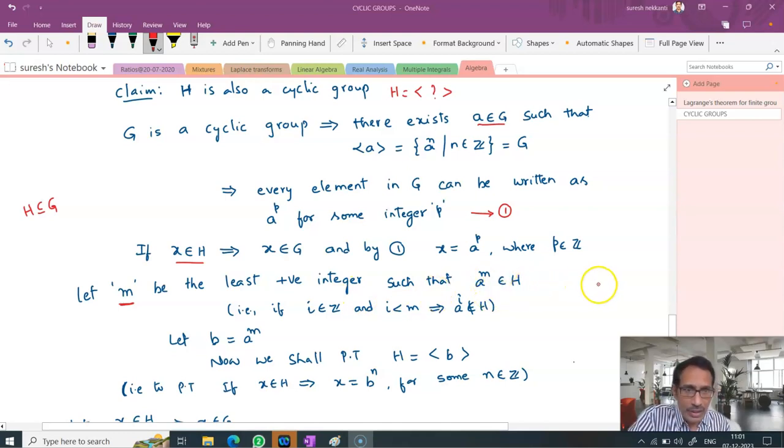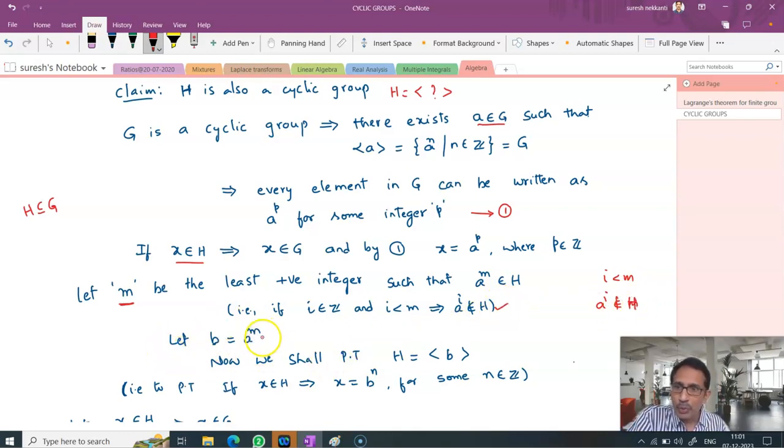That means if you take any integer i less than m, A^i is not an element of H, because m is the smallest such that A^m belongs to H. A^i does not belong to H. That is what I have written here.